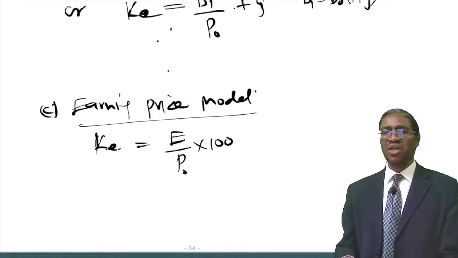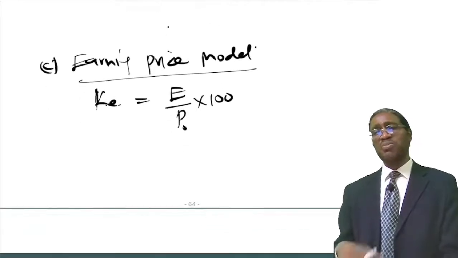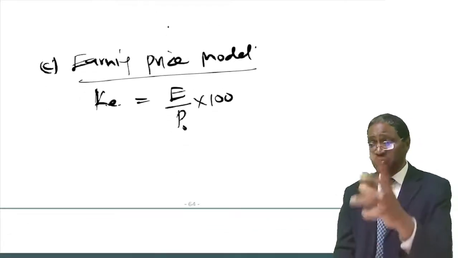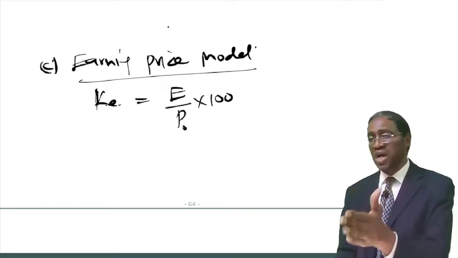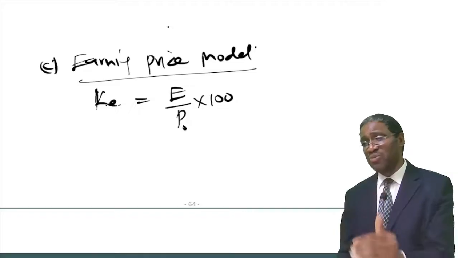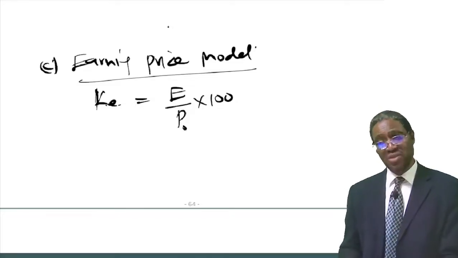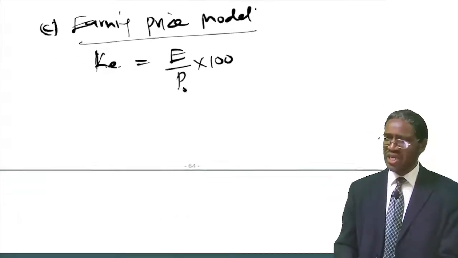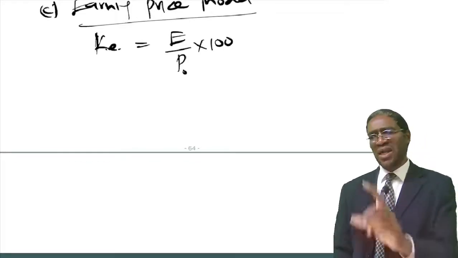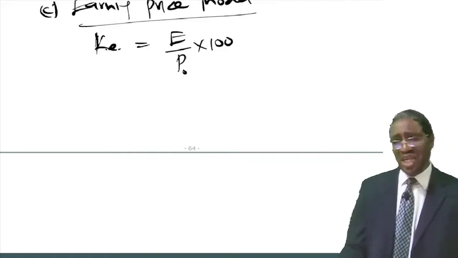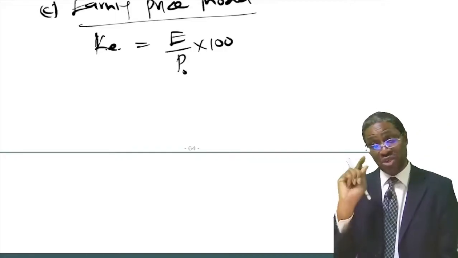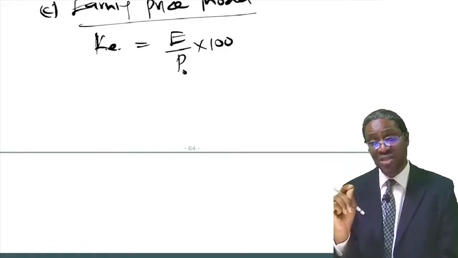Then I've now talked about the earnings price model if we are expecting in terms of earnings. So KE becomes earnings per share divided by market price per share times 100. Good. Now listen again. As a company, to raise capital by issuing ordinary shares, we are trying to compute the cost of ordinary shares.